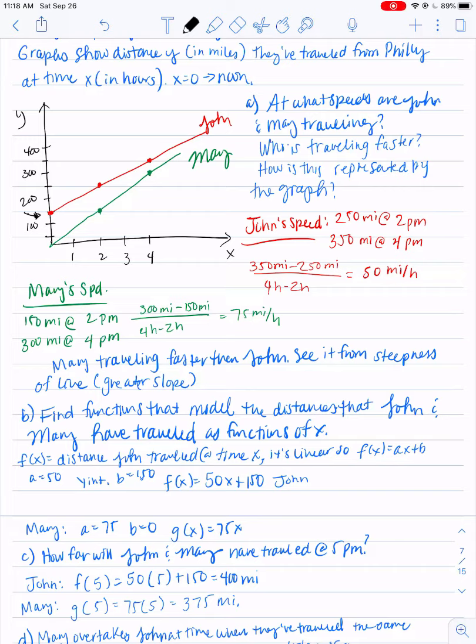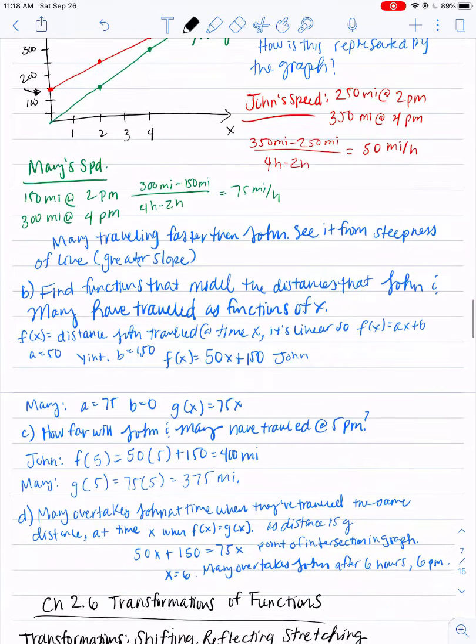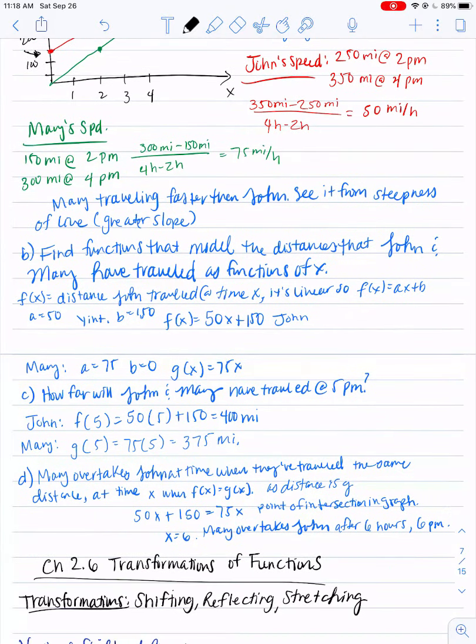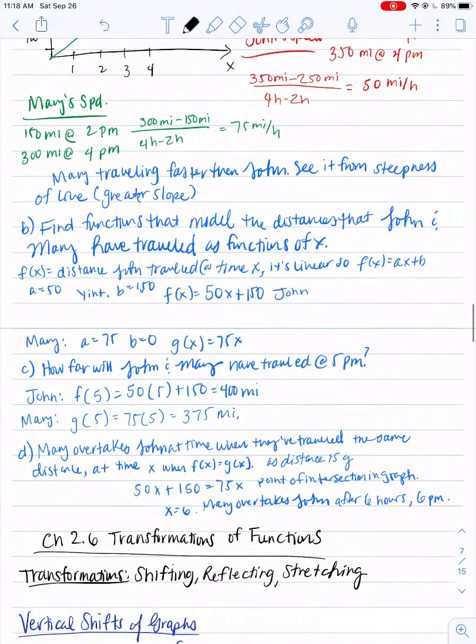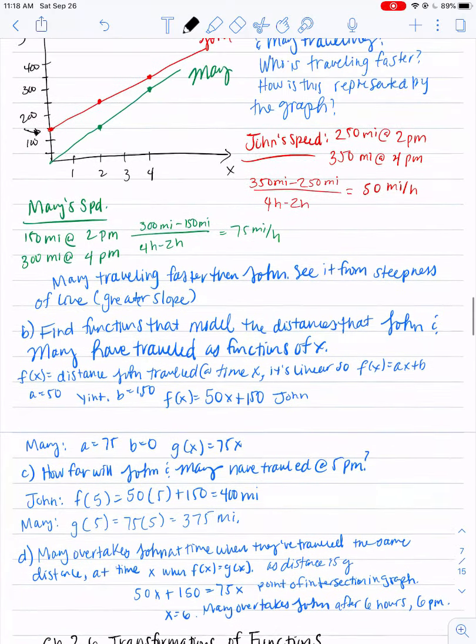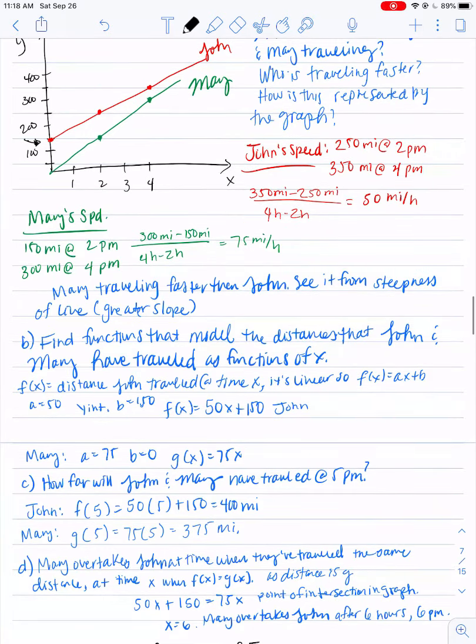We could also see this from the graph because Mary's graph, her linear model, is steeper, so she has a steeper line and greater slope than John. Okay, now we want to find functions that model the distances that John and Mary have traveled as functions of x. So our f of x equals the distance John traveled at time x.